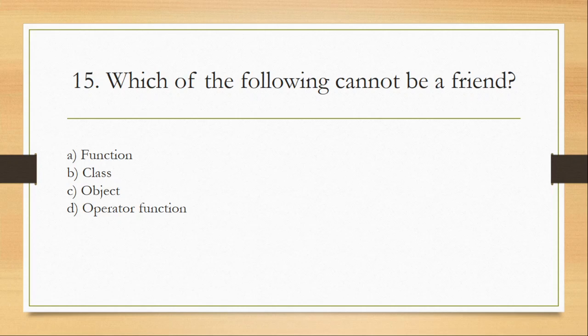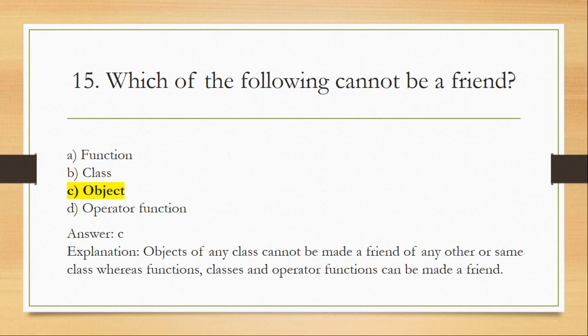Which of the following cannot be a friend? Objects. Objects of any class cannot be made a friend of any other or the same class, whereas functions, classes, and operator functions can be made friend.